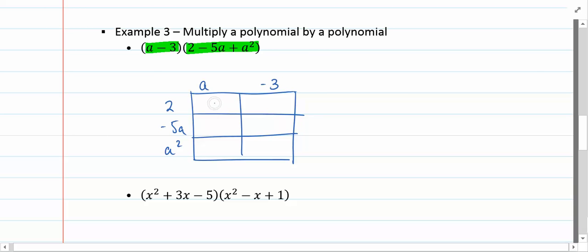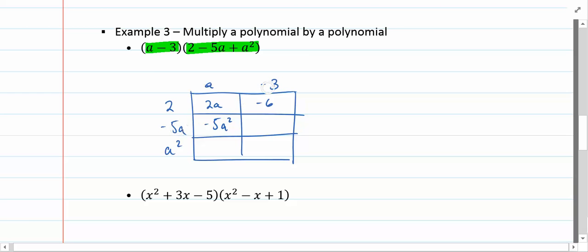In this first column, first row, I need to multiply a times 2. That's 2a. 2 times negative 3, which is negative 6. First entry, second row, would be a times negative 5a. So a times negative 5a is negative 5a squared.